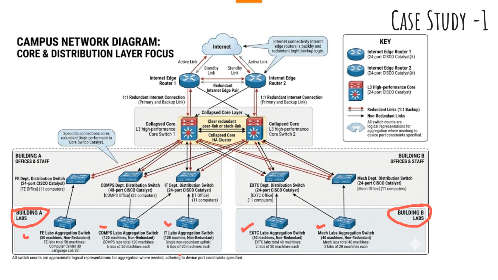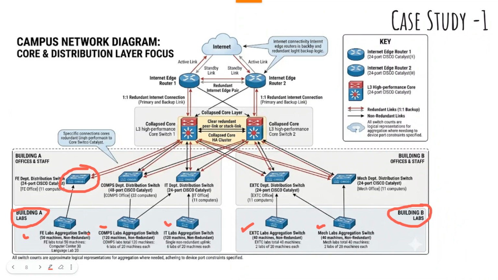So these 6 labs of IT, 6 labs of computers, a computer center of 30 and a language lab of 20. These labs are in building A. Now I need to connect this to a switch which acts as my distribution layer.